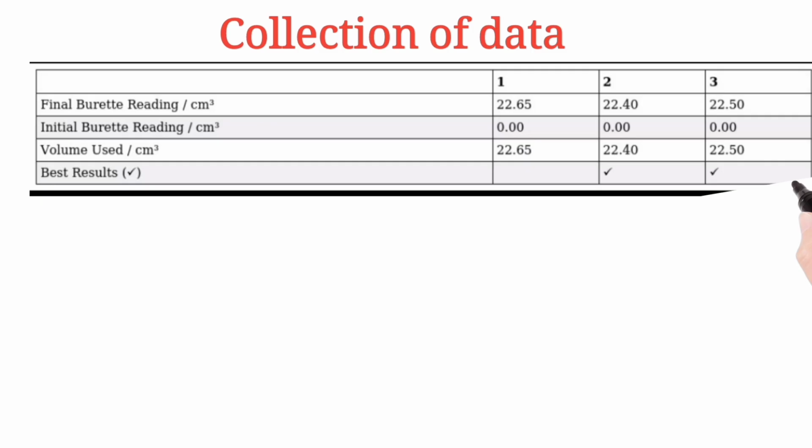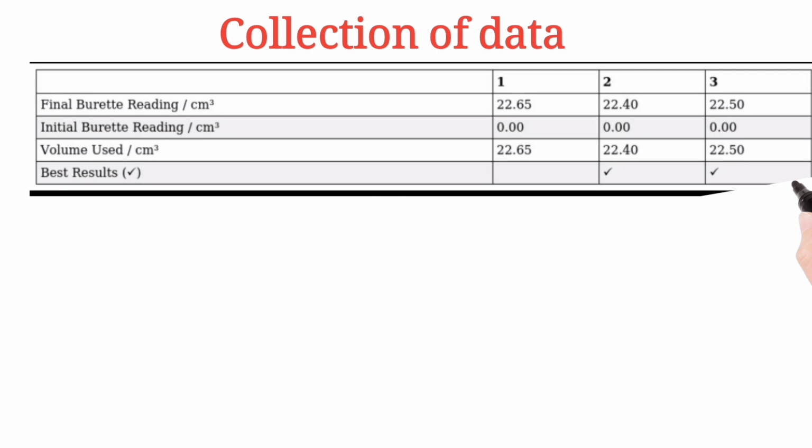We say the first titration is called the approximate, which we don't use in calculation. That's why in best result it is not ticked. The second one is the first accurate, and we use it in titration, so it is ticked. The third is the second accurate, and we use it in titration, and it is ticked.